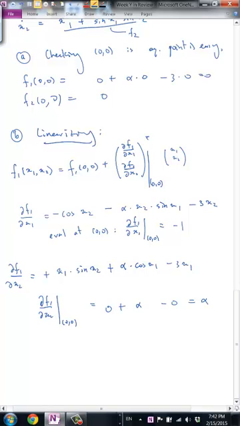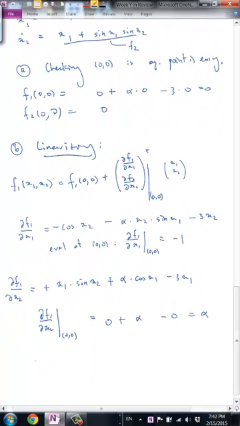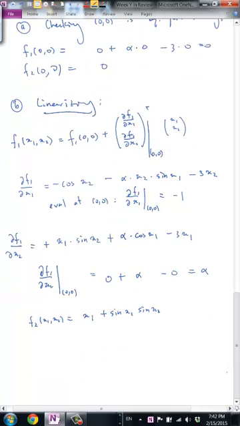So let's remind ourselves what f2 is. f2 of x1, x2 is equal to x1 plus sine x1 sine x2. And therefore, df2/dx1 is equal to 1 plus cosine x1 sine x2. If I evaluate that at 0, 0, it is just equal to 1.